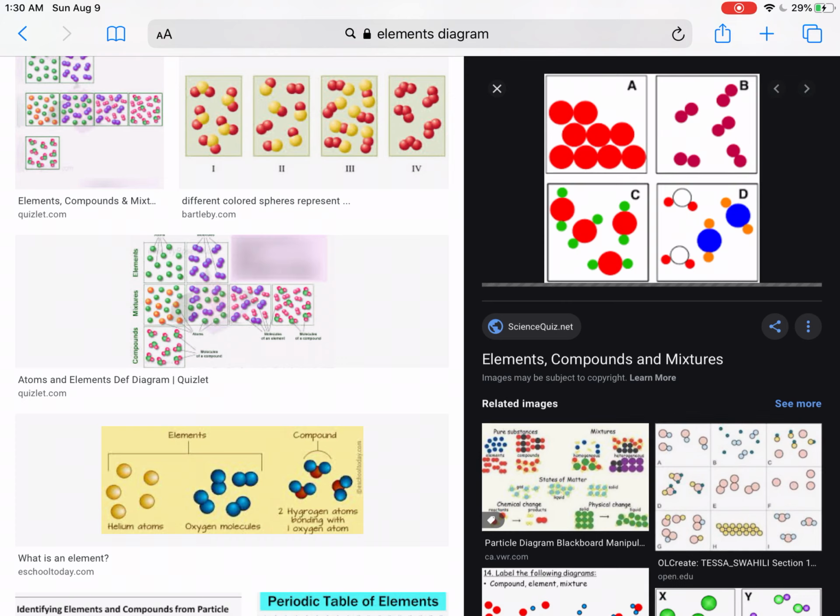Alright, this is good. As you can see, picture A represents an element because it's 100% pure.